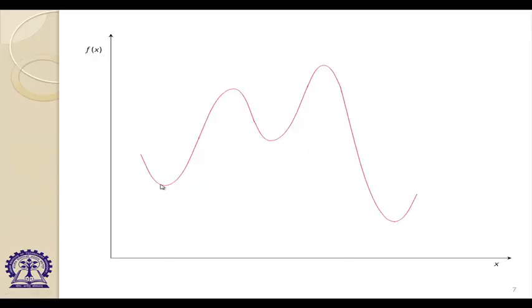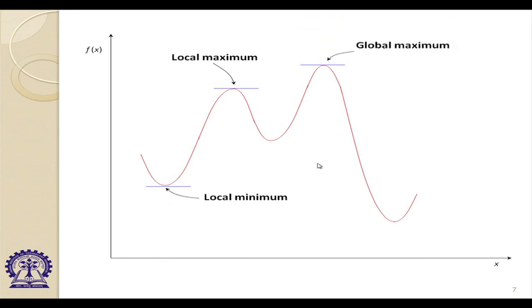I can say this is a local minimum point. This is also a local maximum, but this is not the global. This is local. Here there is a maximum, here there is a minimum, and here is the global maximum. Now, here is another global minimum, but here also we can have another local minimum.